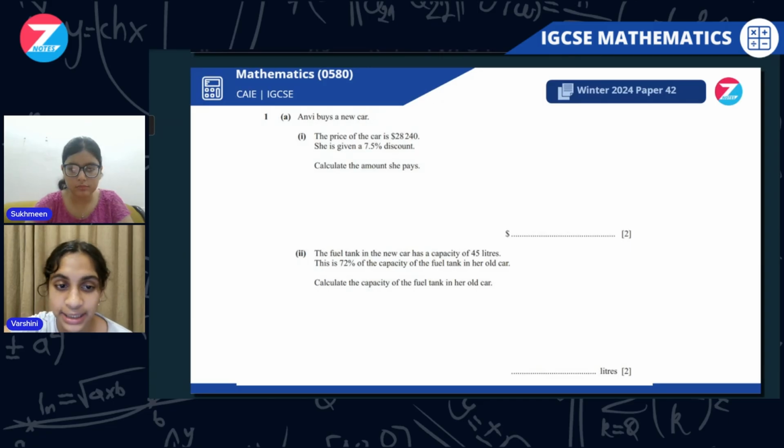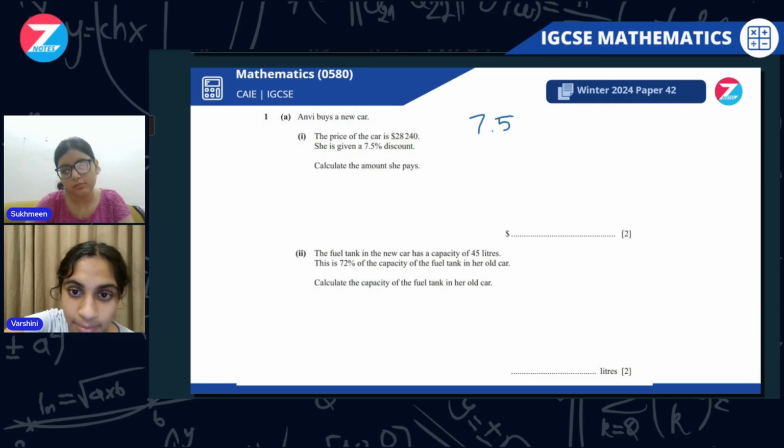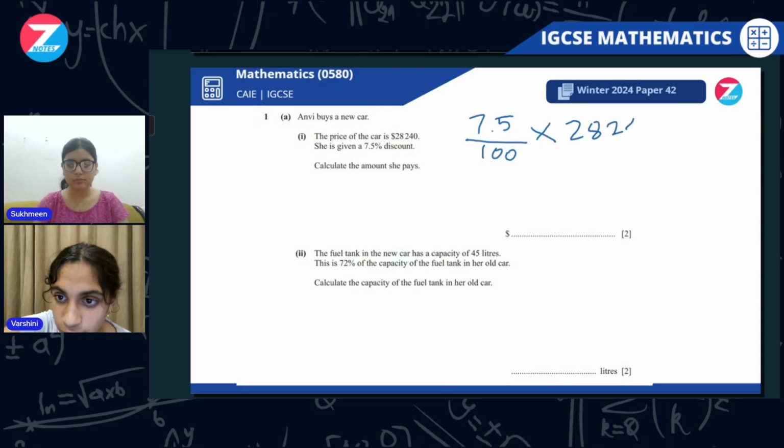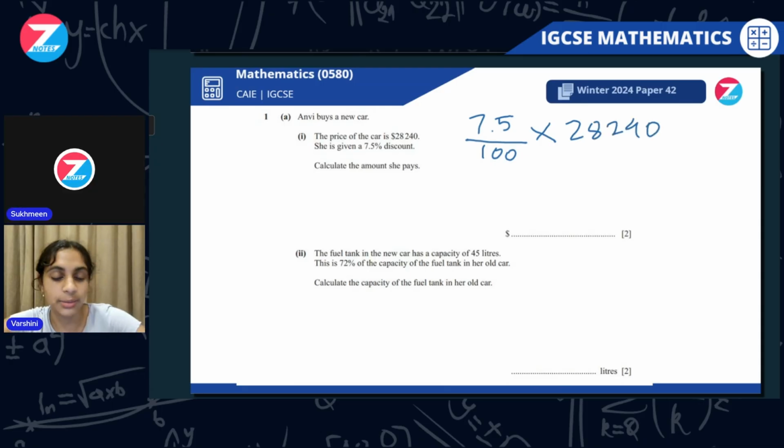So first we'll calculate her discount, which is 7.5%. And remember, percent is always by 100. So that will be 7.5% of, which is always a multiplication sign, 28240. So then we just have to put that straight into our calculator and we'll get 2118, which is the discount.